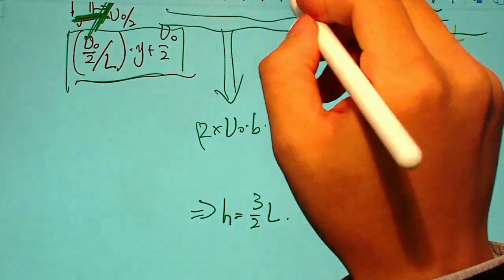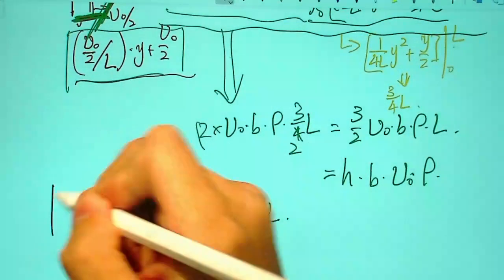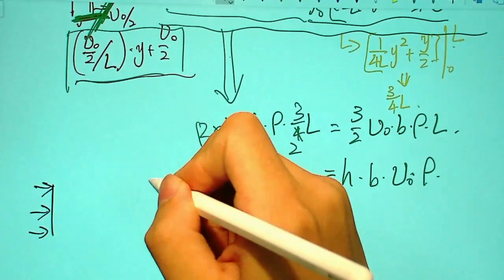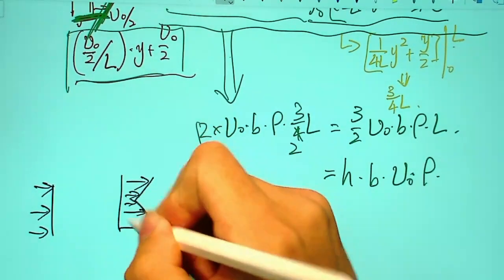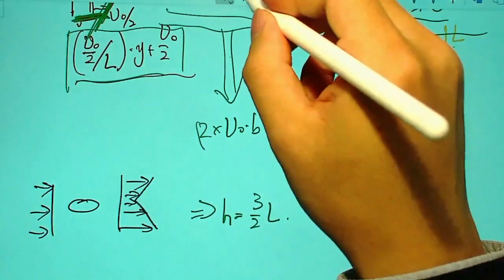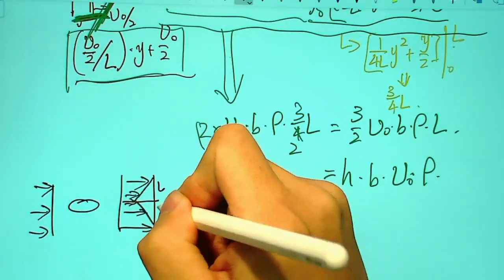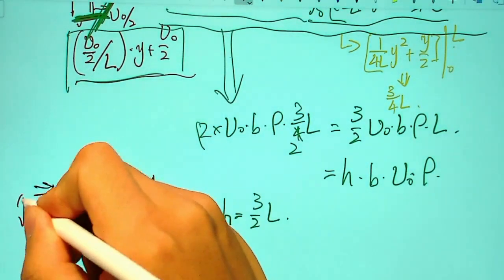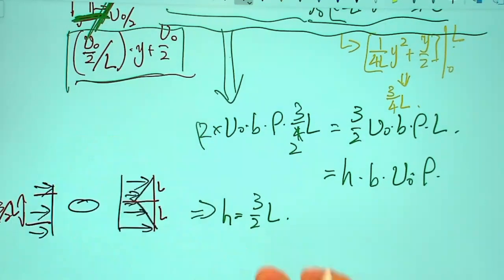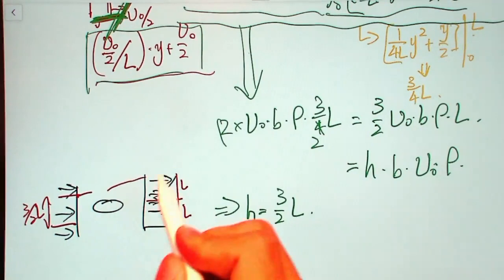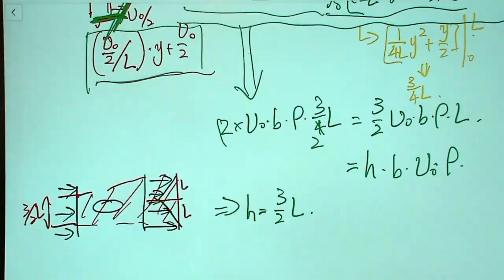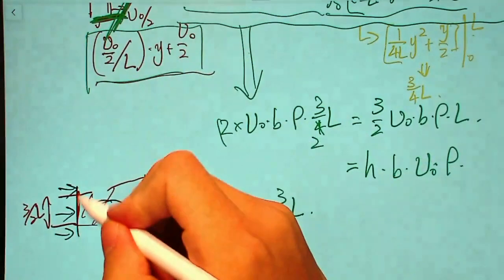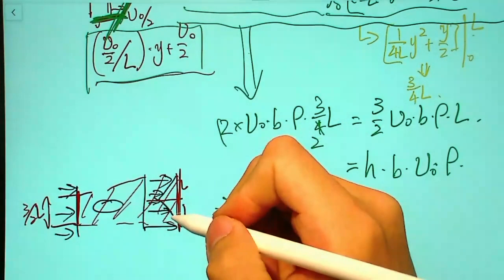If we recall that profile, inlet and outlet, here we have L, and here we only have a total of 3/2 L. So we have a control volume like this, kind of an expansion from a height of 3/2 L to 2L.